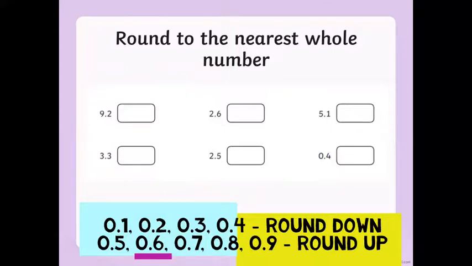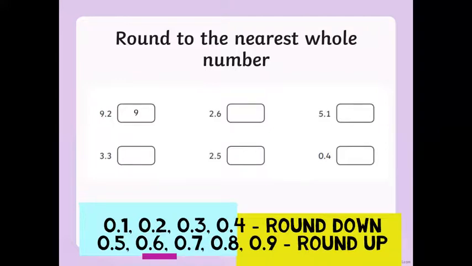So 9.2, we don't have the scale, but we can use knowledge that 0.1, 0.2, 0.3, 0.4 would go down, 0.5, 0.6, 0.7, 0.8 and 0.9 would go up. So 9.2, where would we round that to? 9. 2.6, so that falls between 2 and 3.